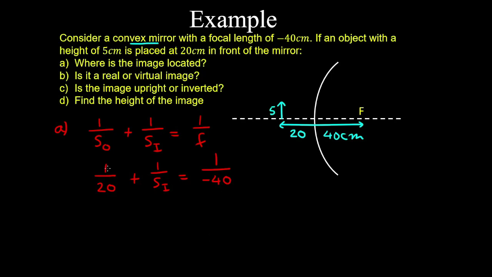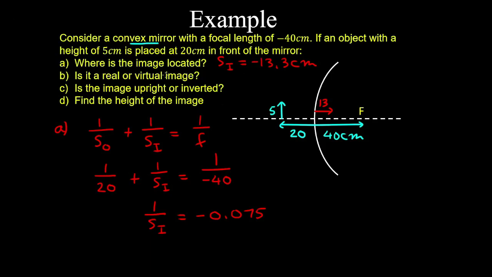So therefore, subtracting 1 on 20 from both sides, we get 1 on SI is minus 0.075. And solving for SI, we get minus 13.3 centimeters. So the image is located somewhere here, being behind the mirror.